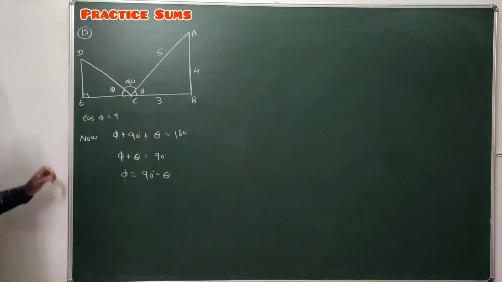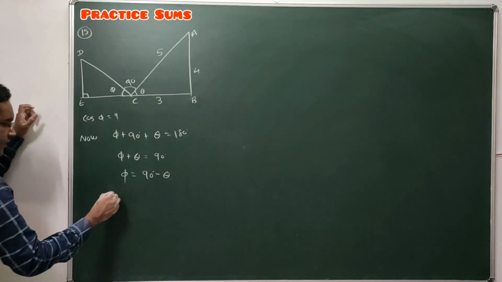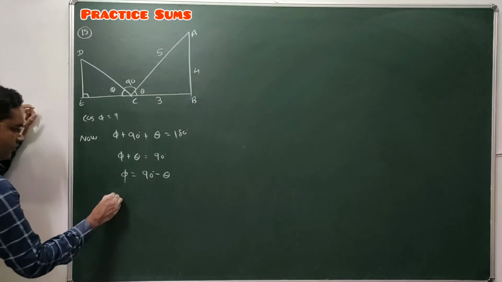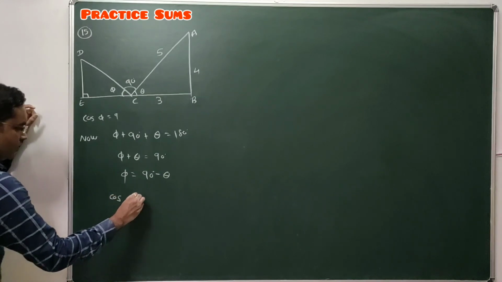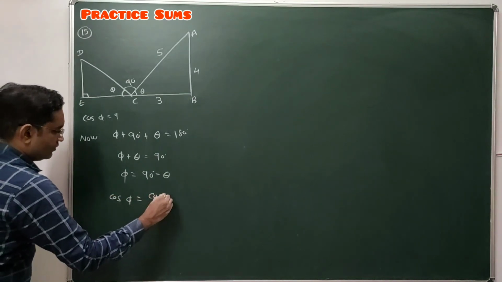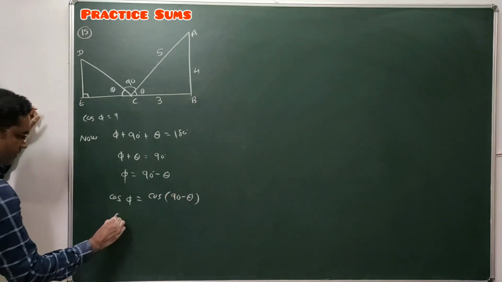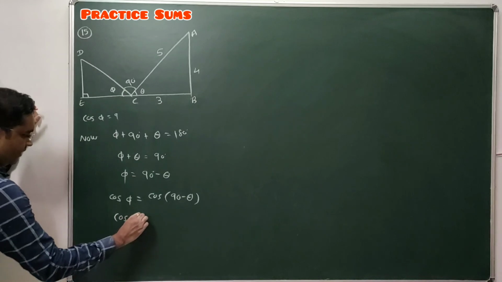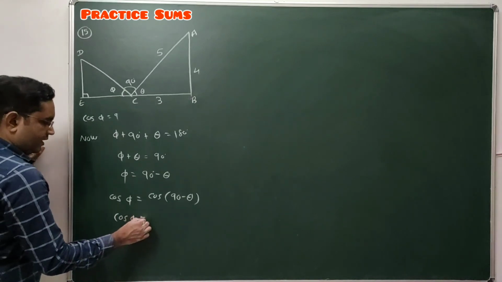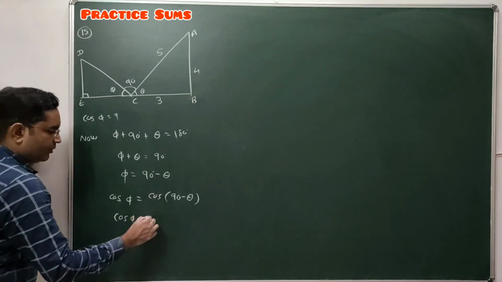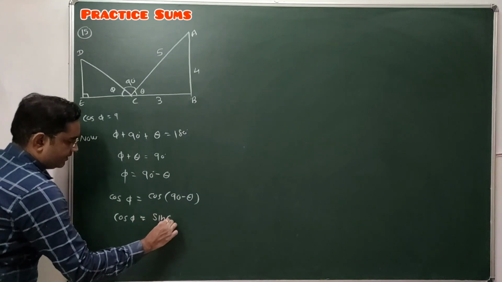What you have to find? Cos phi. So taking cos on both sides, cos phi equal to cos of 90 minus theta, complement of cos, it's a sin theta.